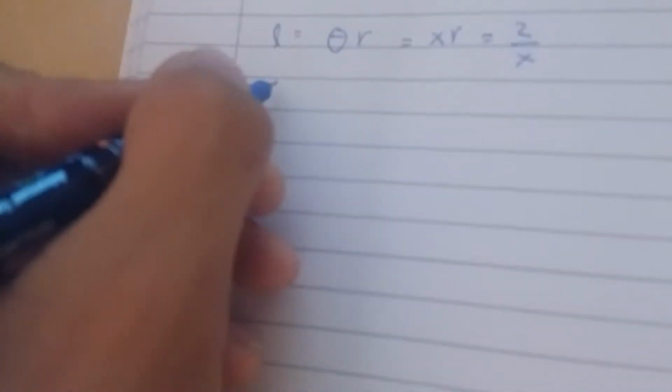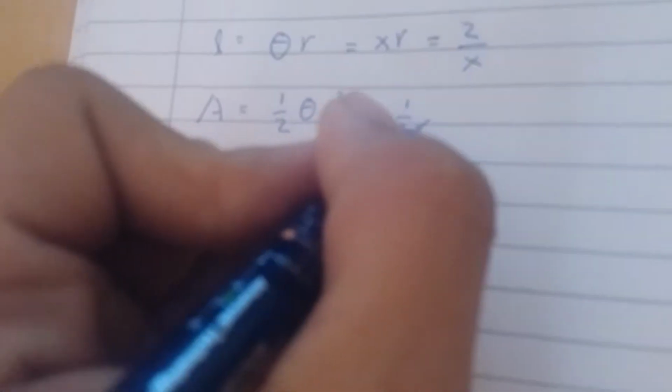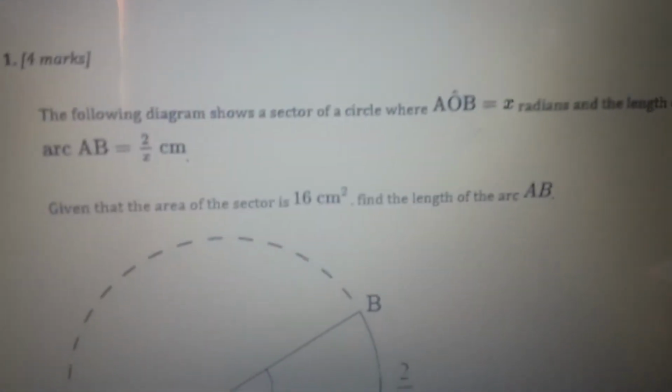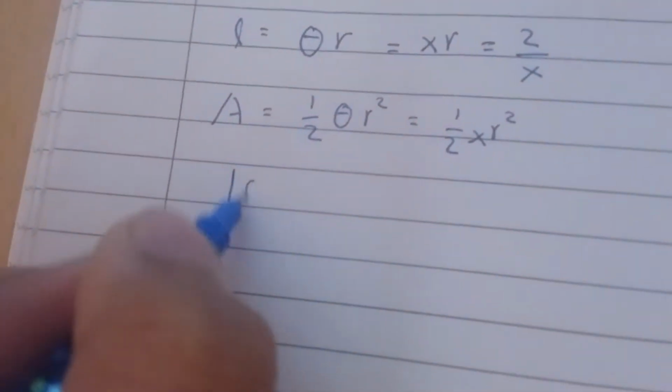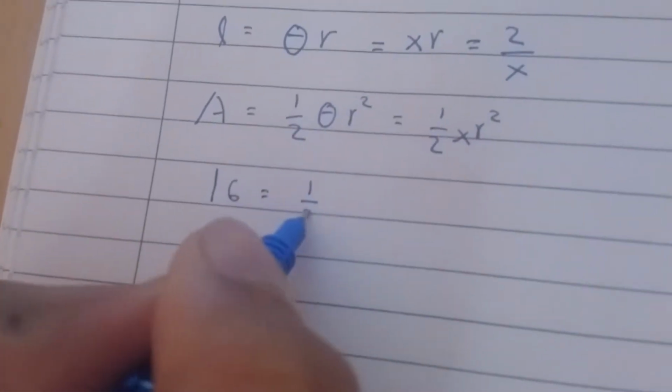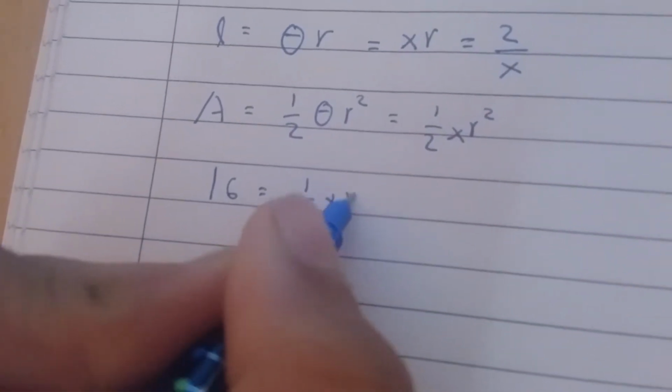Now the second equation is for the area, which is equal to half theta r squared, or half x r squared, and we know the area from the question is 16 centimeters squared. So let's substitute 16 for area. So 16 is equal to half x r squared.